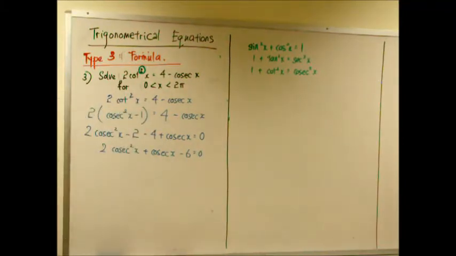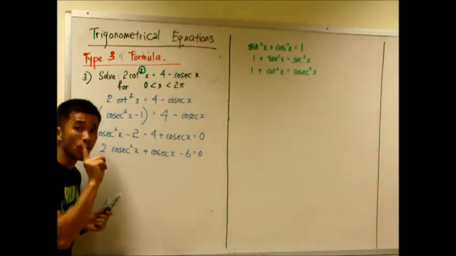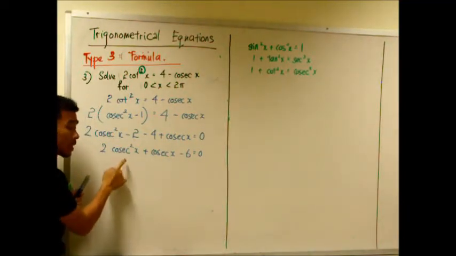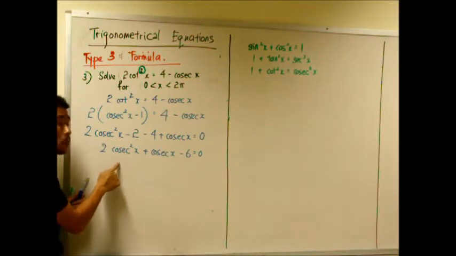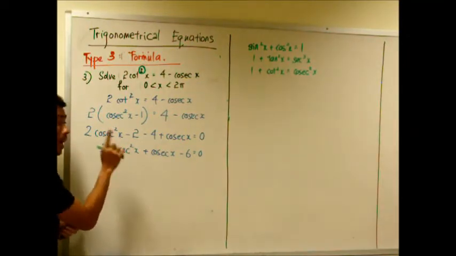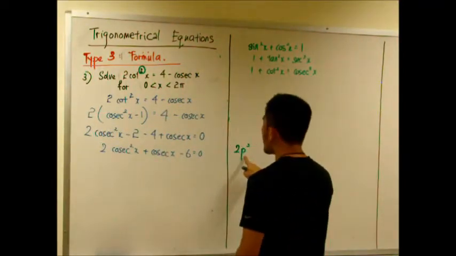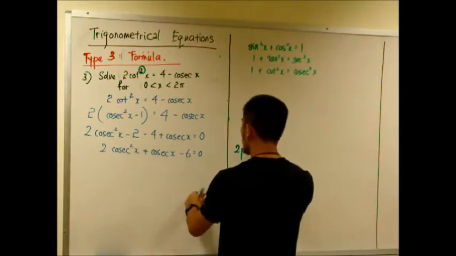This is what we have obtained. Now, doesn't this look like a quadratic expression in terms of trigo? Alright, if you really can't see, you can replace cosecant by p. So if I were to simplify this, let p represent cosecant, this is what you have.